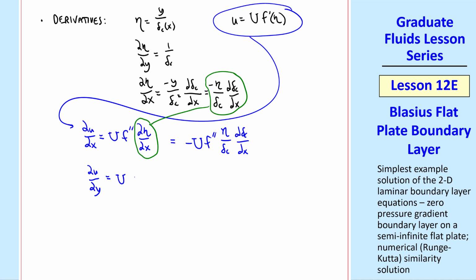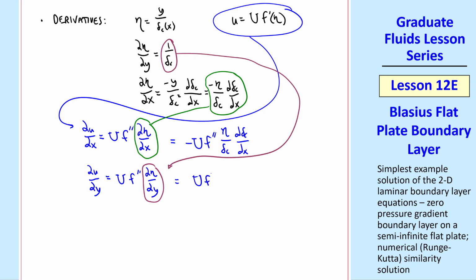It's just capital U f double prime del eta del y, and del eta del y is 1 over delta c from here, so this is U f double prime 1 over delta c. Taking another derivative with respect to y, we get U f triple prime 1 over delta c del eta del y. And using del eta del y again, we get U f triple prime 1 over delta c squared.